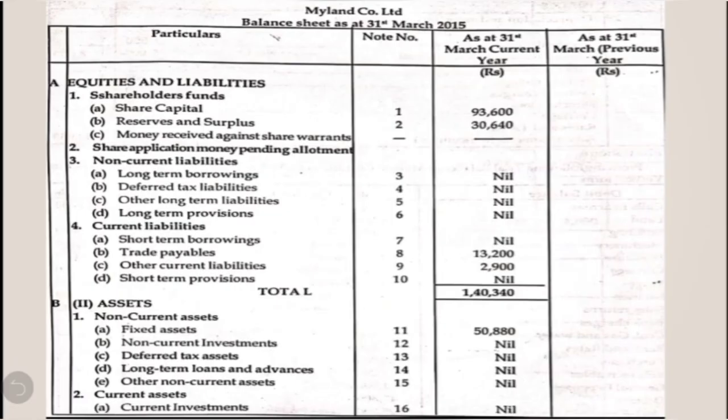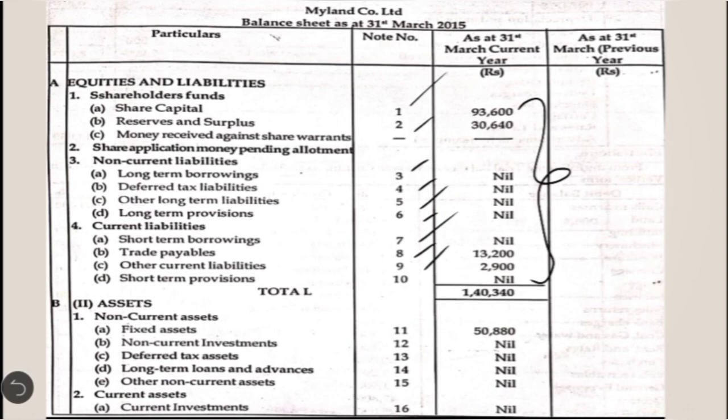Now coming to the last step, that is preparing the balance sheet. In the first heading, that is equity and liabilities, we have note number 1, share capital 93,600, note number 2, 30,640, 3, 4, 5, 6, 7 are nil, 8 is 13,200, 9 is 2,900, 10 is nil. So when you take the total from 1 to 10, we have 1,40,340.